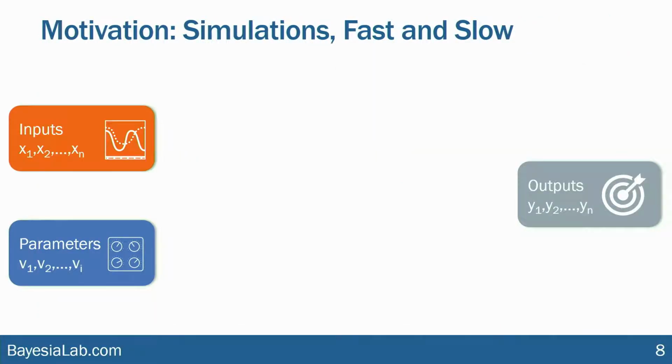In engineering applications, we generally deal with systems that handle inputs and produce outputs. And the way inputs get transformed into outputs depends on parameters. In a very simple application, parameters can perhaps be optimized analytically. For instance, when you design a filter for an audio signal or something like that.